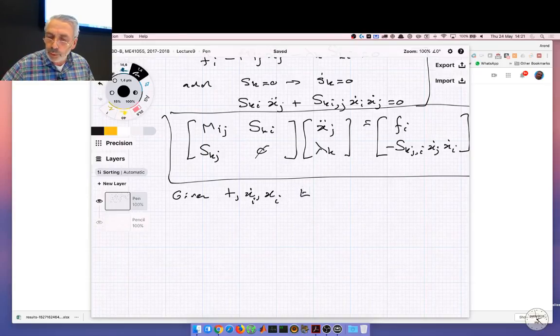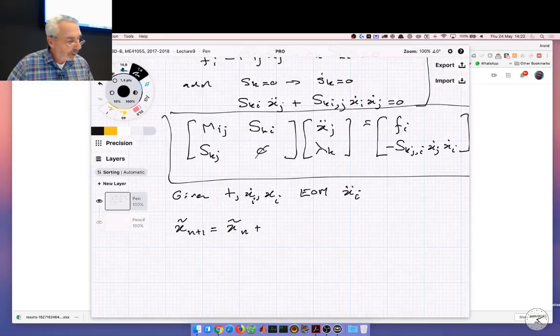And then with my equation of motion, I find my accelerations. And now I'm going to do my numerical integration to find my next step. So what did we do? x n plus 1 was the old one, plus the numerical integral of x dot n dt.